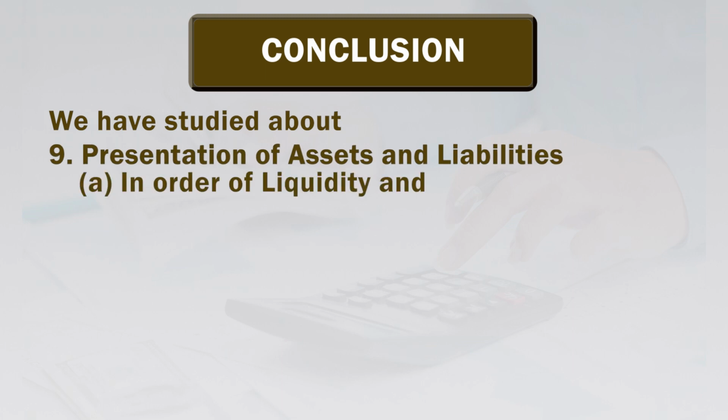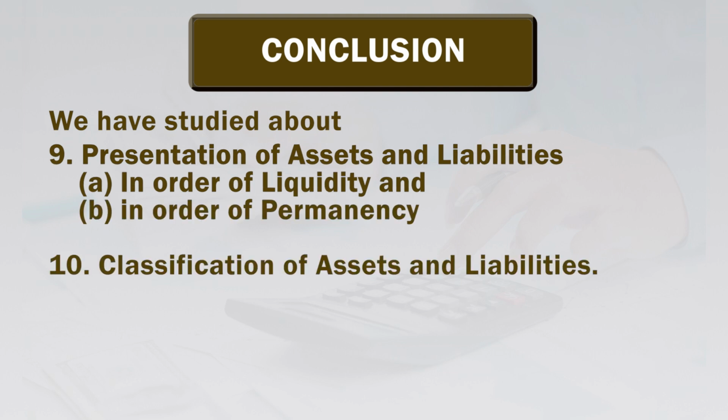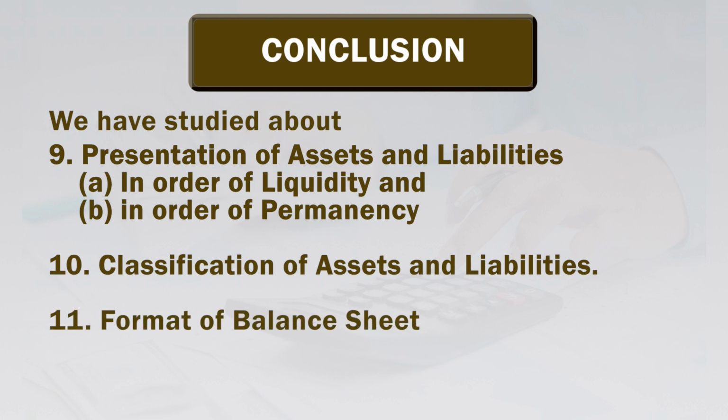One is in order of liquidity and second is in order of permanency. Then we have observed classification of assets and liabilities, then format of balance sheet.